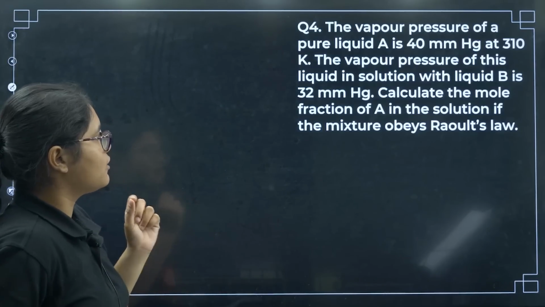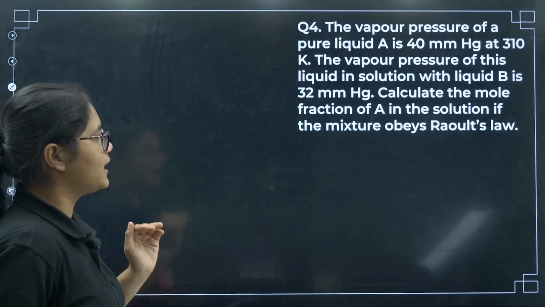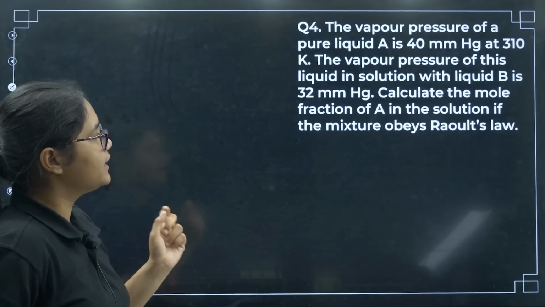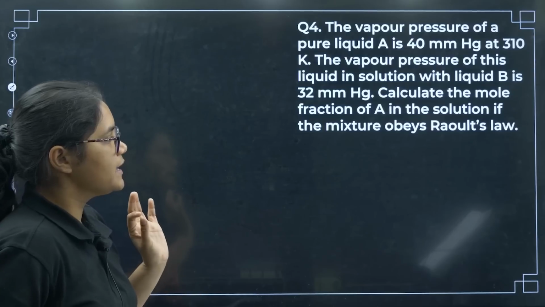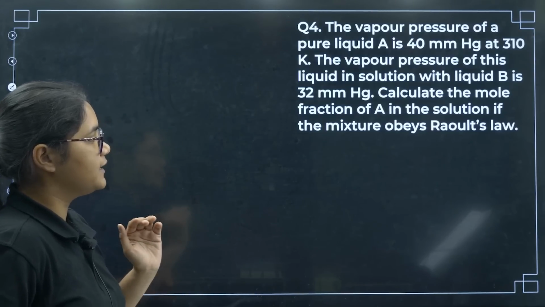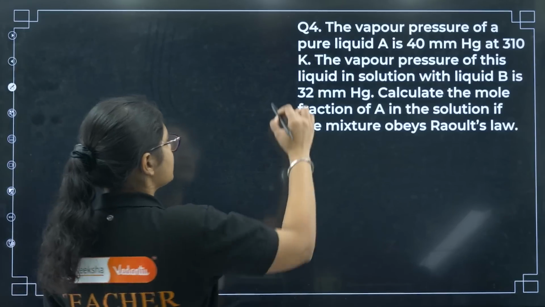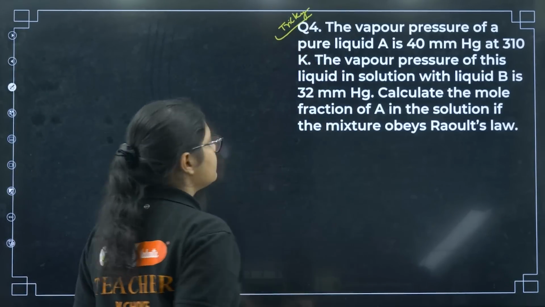Next, question number 4 here. The vapor pressure of a pure liquid A is 40 mm Hg at 310 Kelvin. The vapor pressure of this liquid in a solution with liquid B is 32 mm of Hg. Calculate the mole fraction of A in the solution if the mixture obeys Raoult's law. This question is a bit tricky, not difficult, but a little bit tricky.